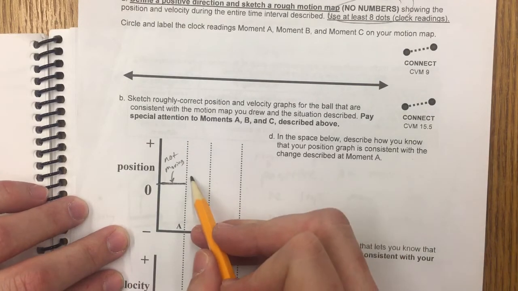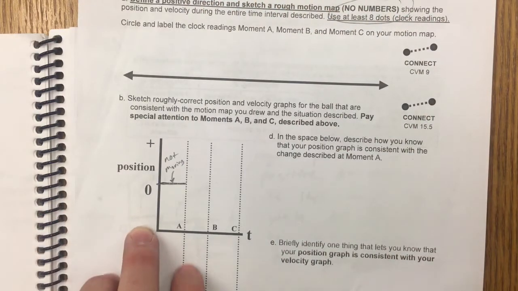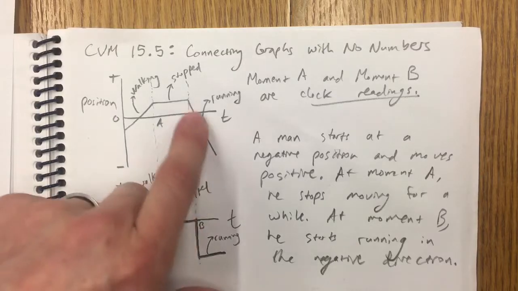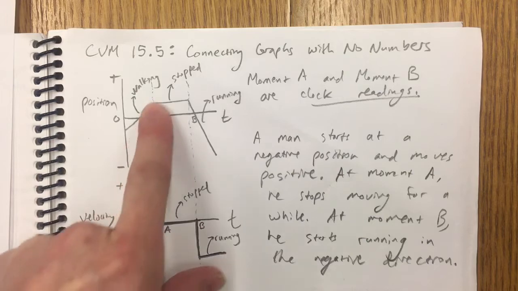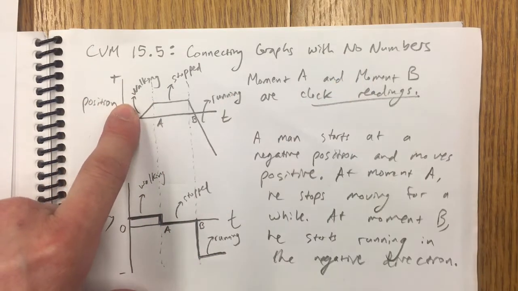At moment A, Musa throws the handball in the negative direction at a fast constant velocity. I can look at this and say, okay, a fast constant velocity looks steeper than a slow constant velocity. This is an example of someone walking versus running.